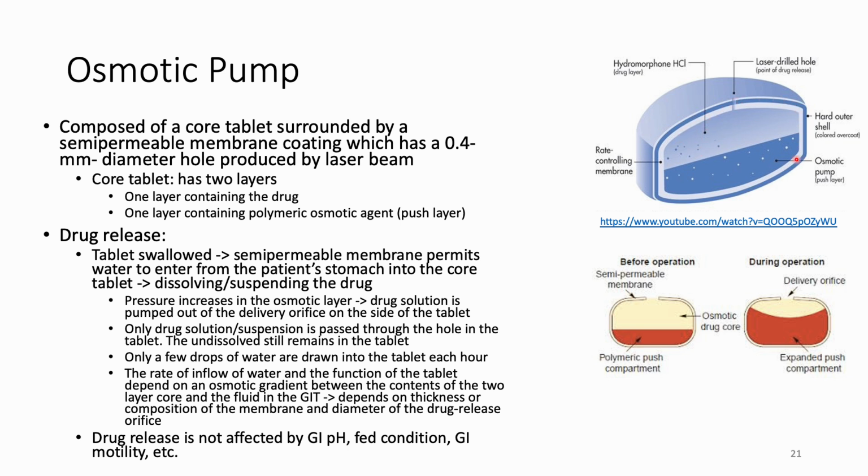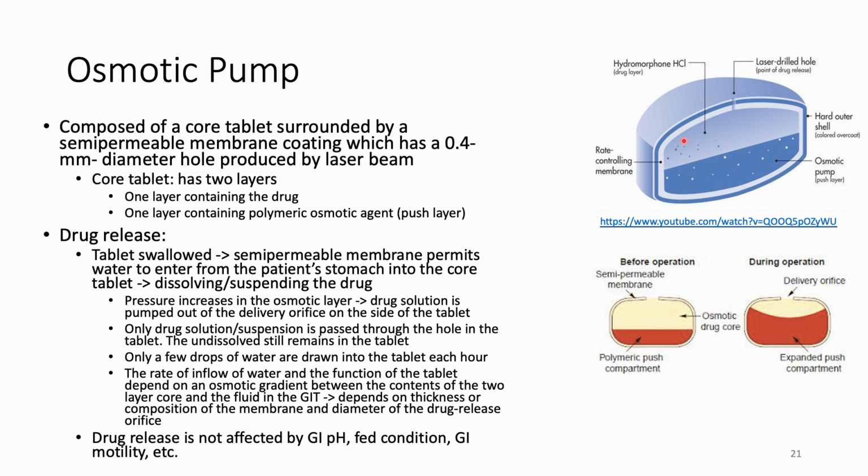We call this membrane semi-permeable because it allows the fluid outside to go inside the tablet. So the gastric fluid can penetrate inside the tablet. However, it won't let the fluid inside the tablet go outside through the semi-permeable membrane. That's why we call it semi-permeable. It doesn't mean it's just half permeable.